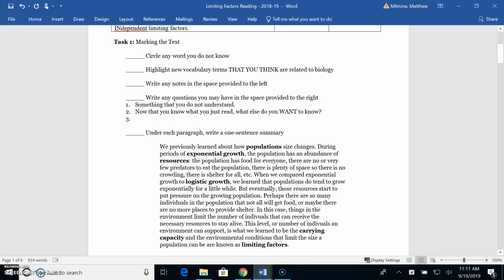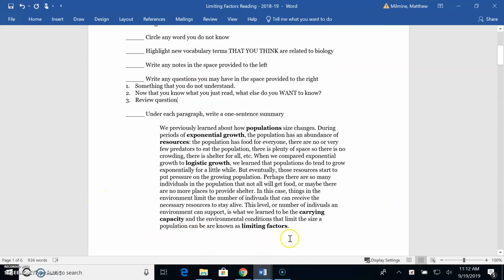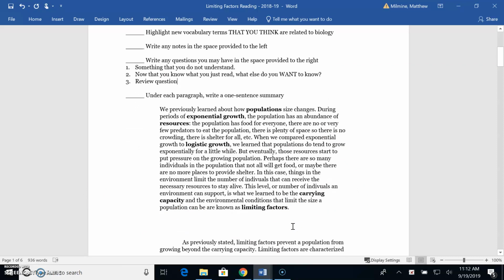Or the question could be simply a review question. So you've read it. This first paragraph talks about exponential and logistic growth, carrying capacity, and limiting factors. You could write a review question over here. So those would be the 3 types of questions that you could write. So circling, highlighting, notes, questions, and then underneath a 1-sentence summary. So let's go through.